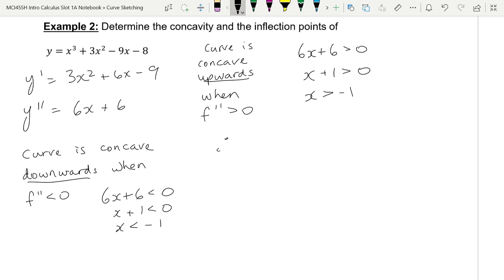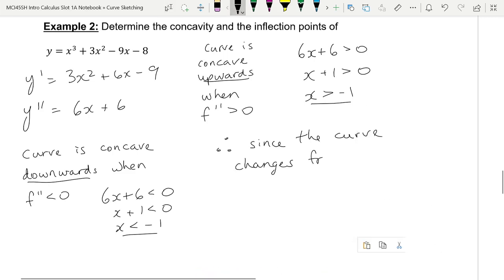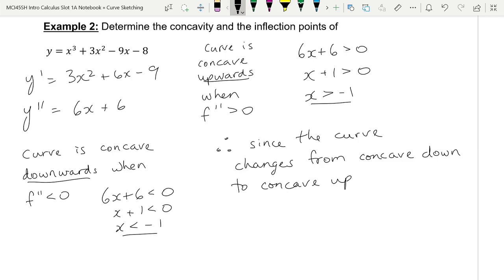So there we go. So I can make a conclusion here. I can say, therefore, from those two facts, that since the curve changes from concave down to concave up at x equals -1, and I should maybe say moving left to right.